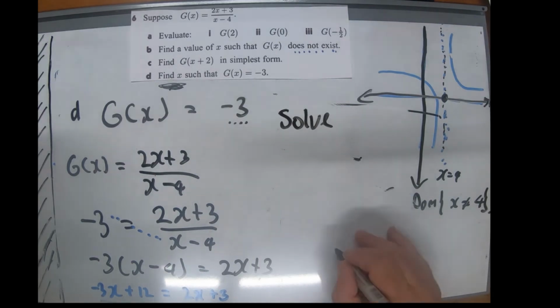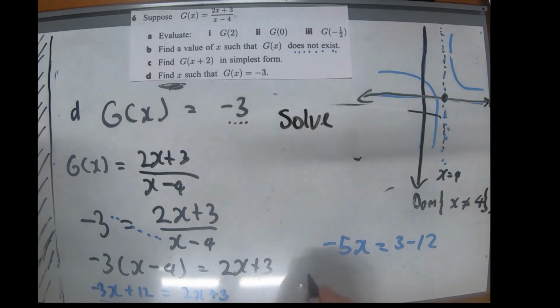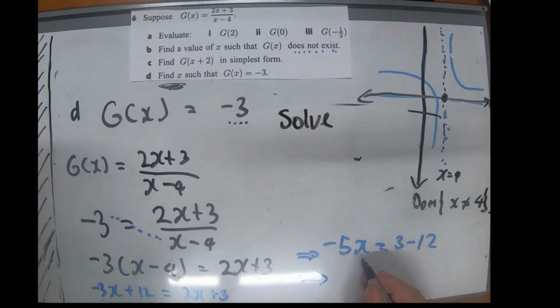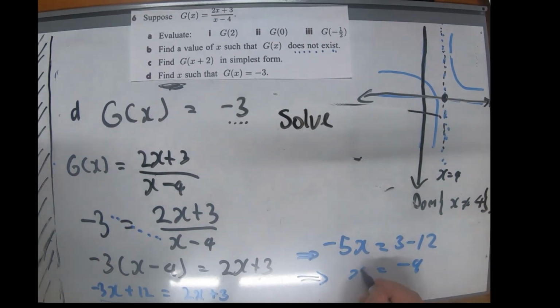Bringing this x across, we have minus 5x equals 3 take 12. And our final solution is 3 take 12 is minus 9, and we divide by minus 5, and we have 9 on 5.